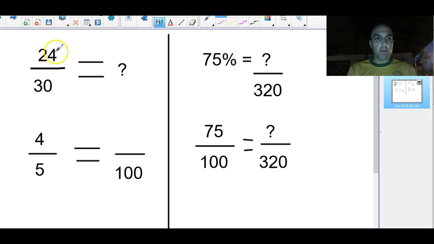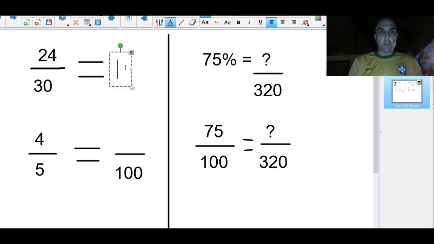Okay, on to our problem. Here we have the part, 24 houses out of 30 houses. 24 houses out of 30 houses equals what percent? Well, you can think of that 24 out of 30 as what out of 100.